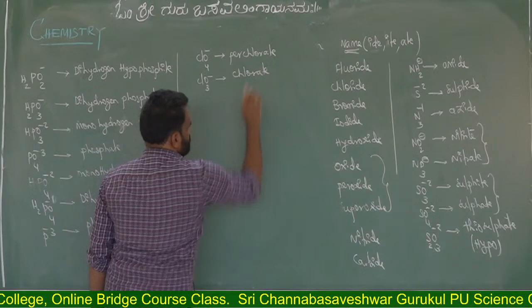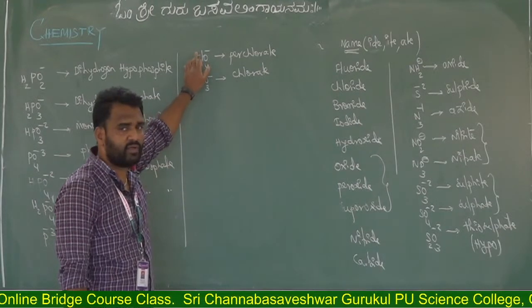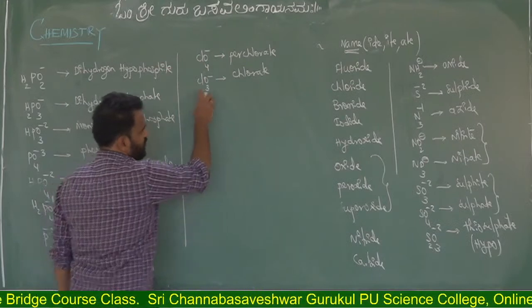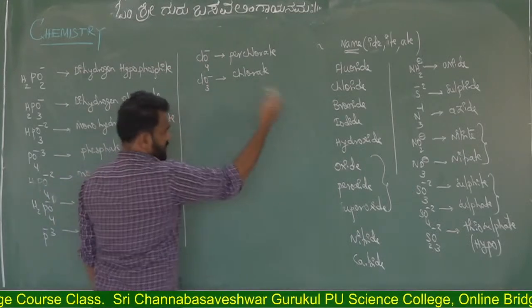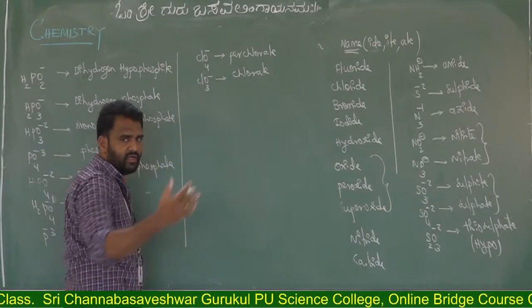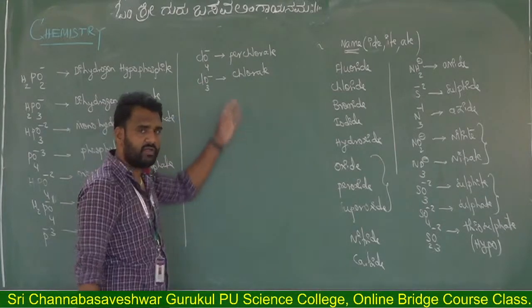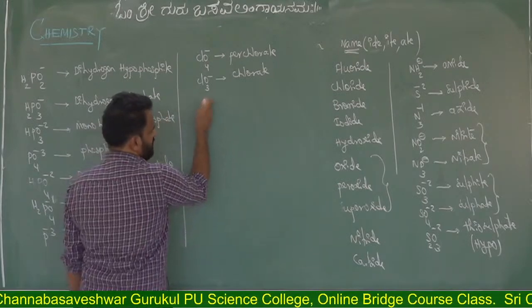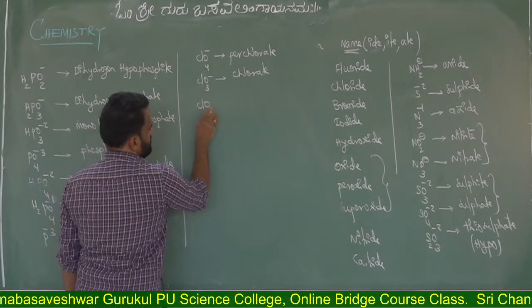Sodium chlorate, potassium chlorate, sodium perchlorate, potassium perchlorate. This chlorate is the best compound to get oxygen. Artificially, if you want to get oxygen, you can use potassium chlorate. On decomposition of potassium chlorate, you will get oxygen. Next, ClO2 minus 1.